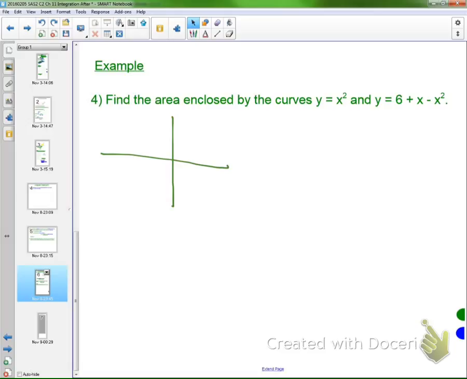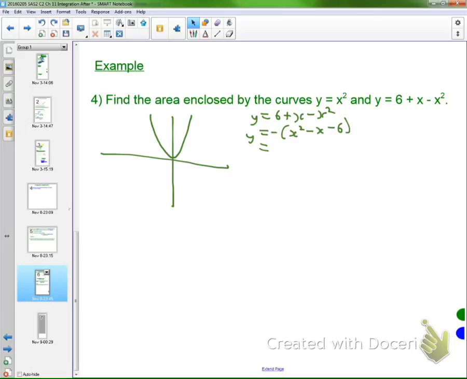So we have y equals x squared is going to look like that, but then our other curve we're going to need to factorize first so we can tell where it's going to cross. So we have y equals 6 plus x minus x squared. If we take that negative out as a factor, we've got negative, x squared subtract x subtract 6.